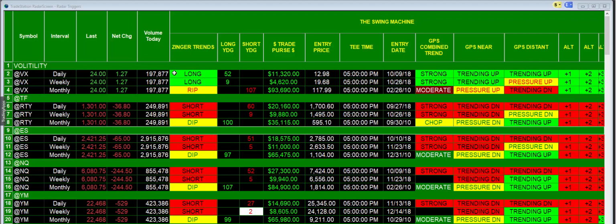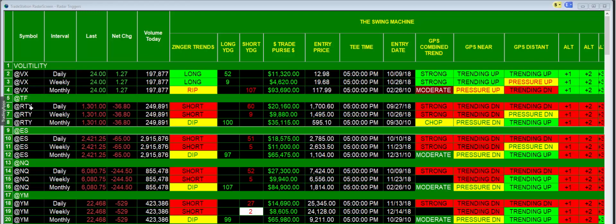So when we see the daily VIX go long 52 days ago at 5 p.m. on October 9th, we knew the markets were in trouble, and the swing machine helps monitor the VIX position. So a green VIX on a daily basis usually means a red market or a sell market.